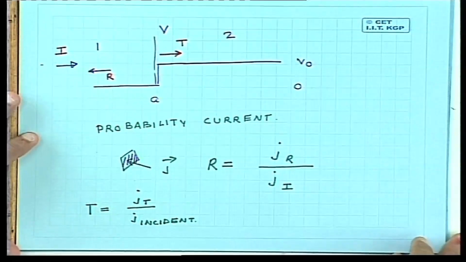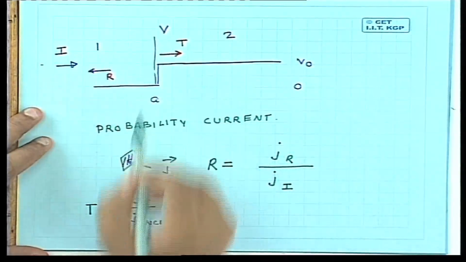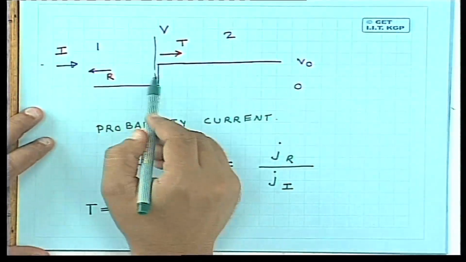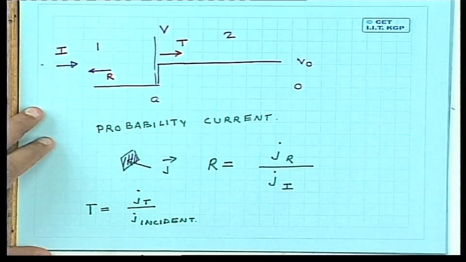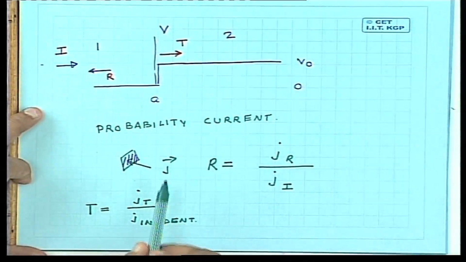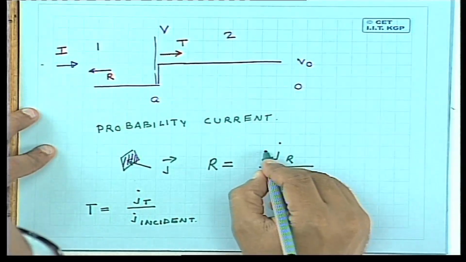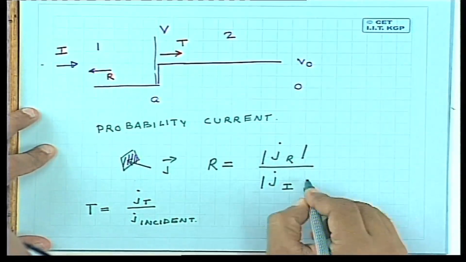So this physically represents a situation where I am sending in the wave corresponding to one particle here. A part of the wave will get transmitted, a part of it will get reflected. And this represents the part which will get reflected, this is the part which gets transmitted. Okay, the mod, this should be the mod of this, because these are real quantities.